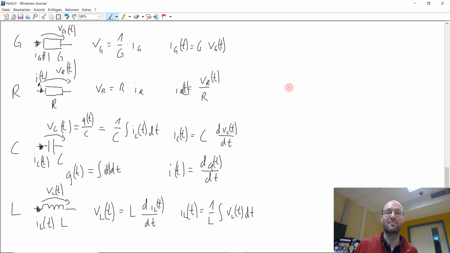The simplest thing is maybe to start with the resistor. Now for the resistor, I don't have a time function anymore, but I have some complex phasor that stands for some sinusoidally changing voltage. So I have a voltage phasor and a current phasor. Both are complex, that's why they get this underscore. How does the equation look?